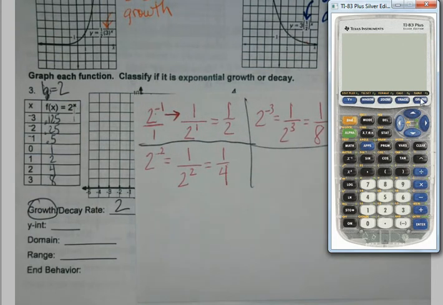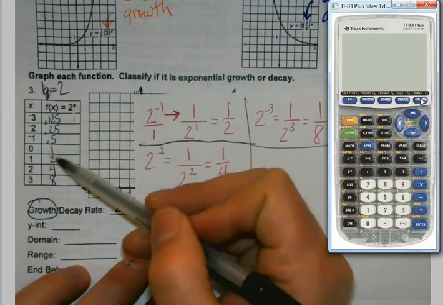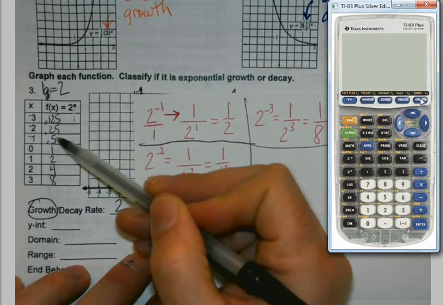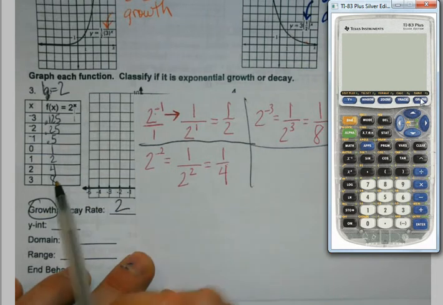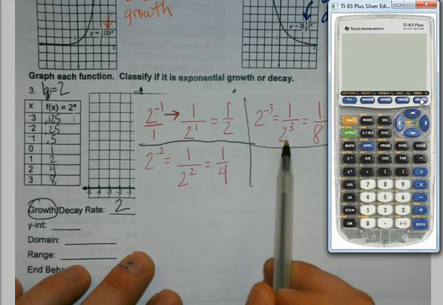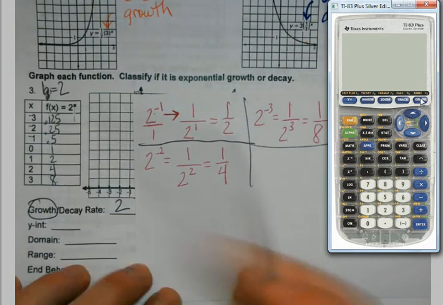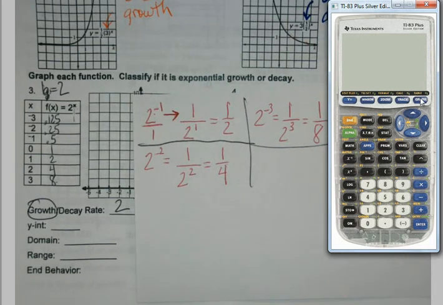And you see the pattern. It's like, oh. So this is, instead of 2, it's 1 over 2. Instead of 4, it's 1 over 4. Instead of 8, flip it, 0.125 is 1/8.